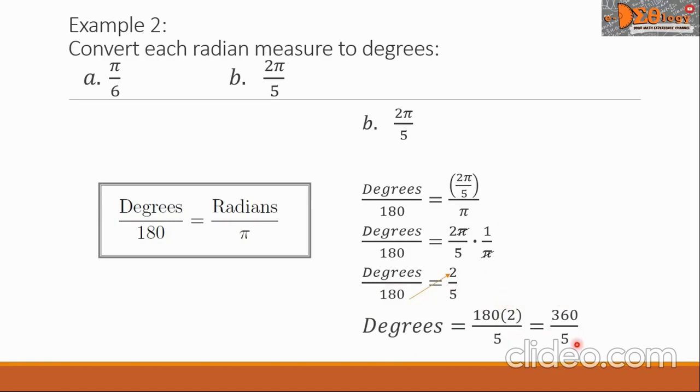Again, the denominator 5 is there. And 360 divided by 5 equals 72. We will now affix the degree symbol. So our answer is 72 degrees. To conclude, the radian 2 pi over 5 is equal to 72 degrees. This is our final answer.